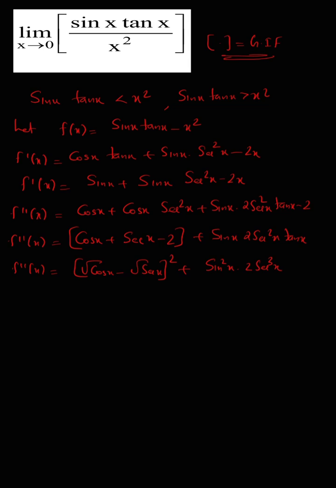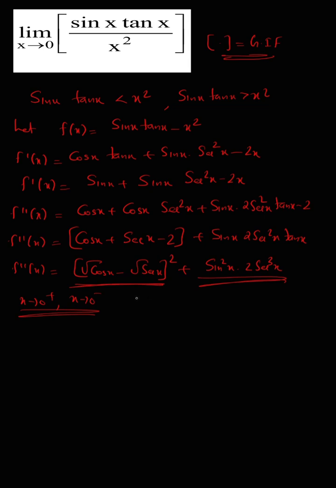Now you tell me, in the neighborhood of 0, that is when x tends to 0 plus or x tends to 0 minus, in both cases what will be its value? Its value is positive. What about this? Sin square x is positive, sec cube x, both sides sec is positive, so sec cube x is also positive, correct? So what I can say, this function is strictly increasing.